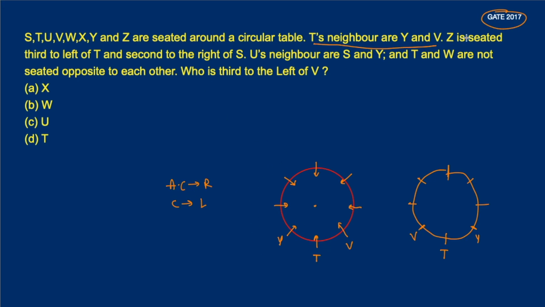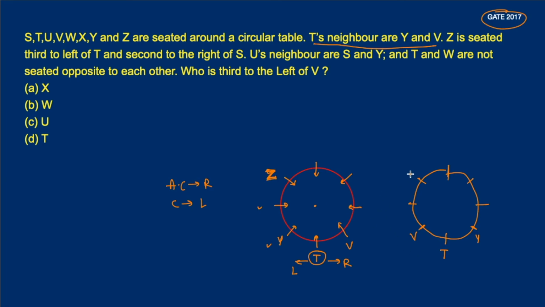So this is T. This side is right for him, this side is left for him. Third to the left means first left, second left, and this is the third. So he is sitting third to the left of T. So this is where your Z should be sitting.